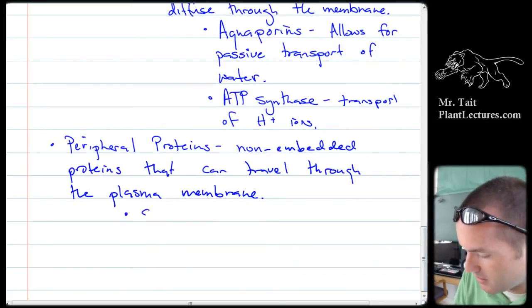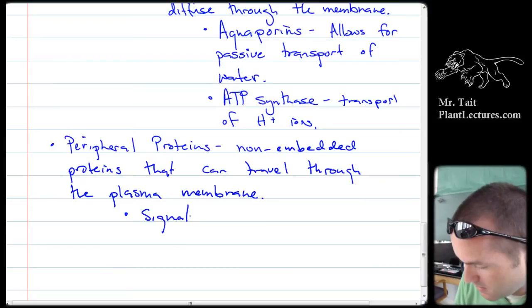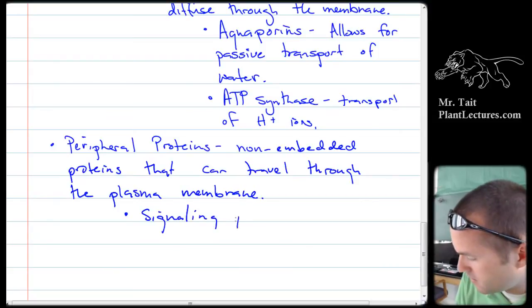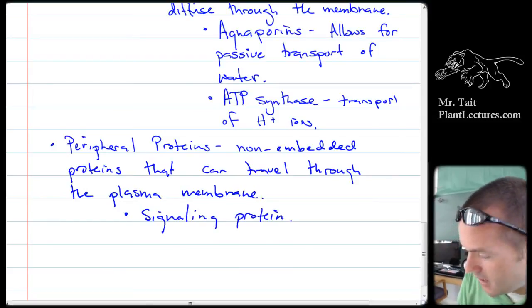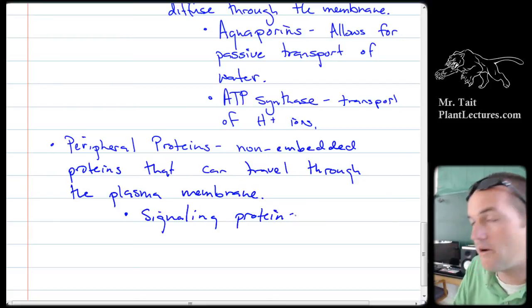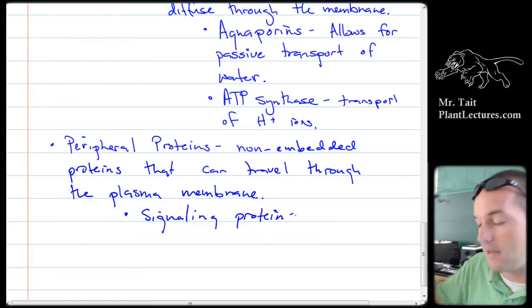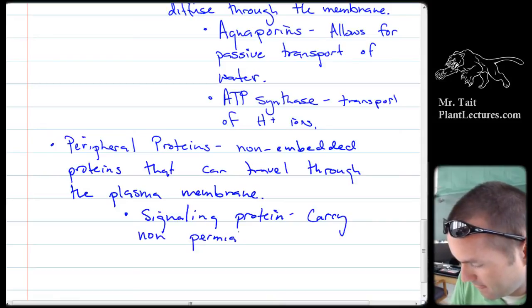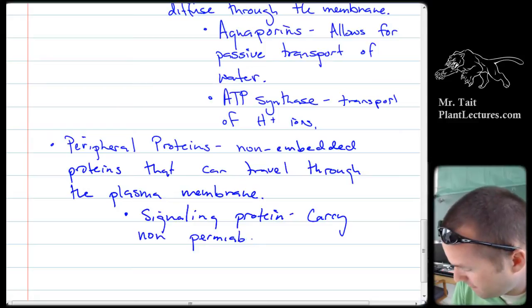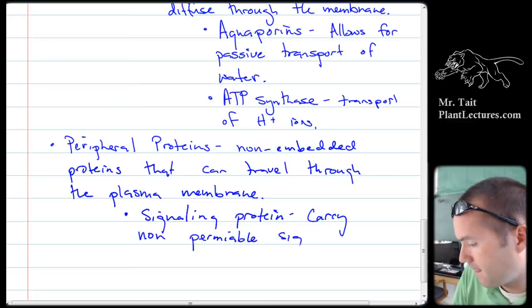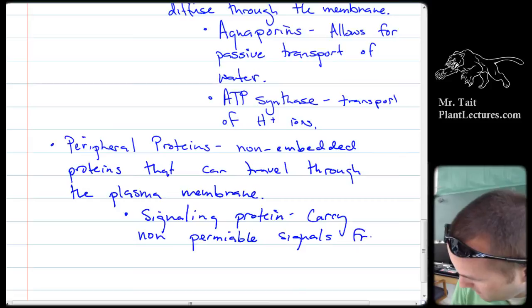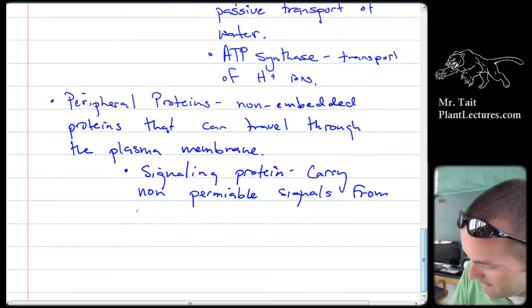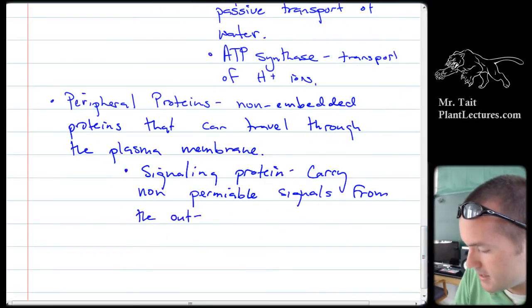One of them is called a signaling protein. Okay? Signaling proteins are going to carry non-permeable cell signals from the outside of the cell into the cell, from the outside to the inside of the cell.